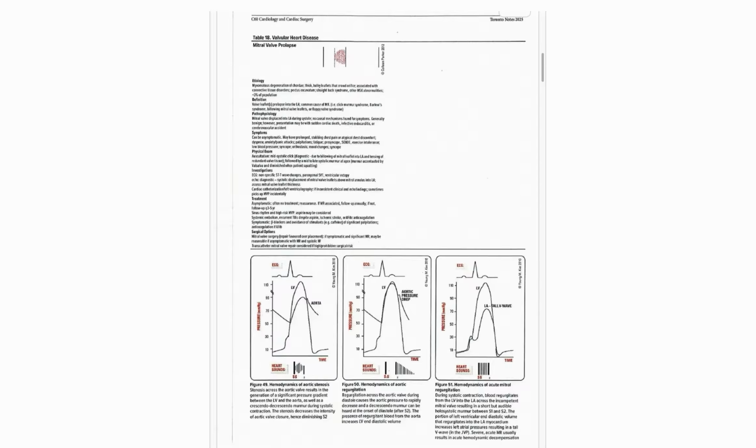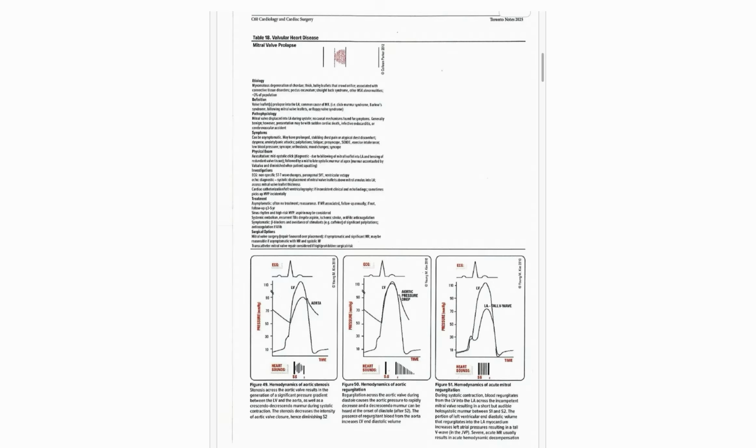This pressure gradient is the hallmark of severe aortic stenosis. On auscultation, this produces a crescendo-decrescendo systolic ejection murmur. Reduced mobility of the valve causes diminished intensity of the aortic component of the second heart sound, making S2 softer.